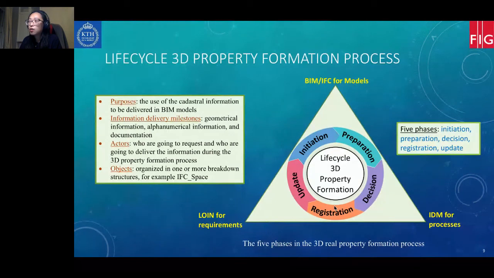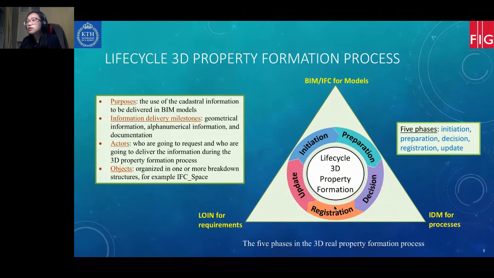So the LOIN is used to specify how the information is going to be delivered. For example, like the purposes, why we use cadastral information to be delivered in the BIM models. And another aspect is information delivery milestones, some of the geometry information, alphanumeric information, and documentation.